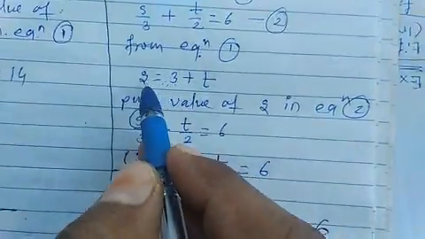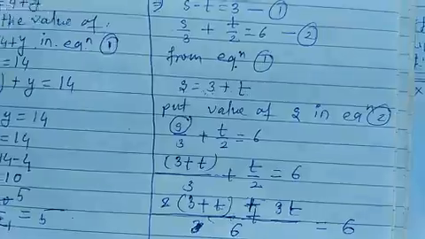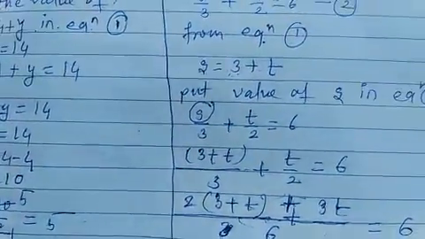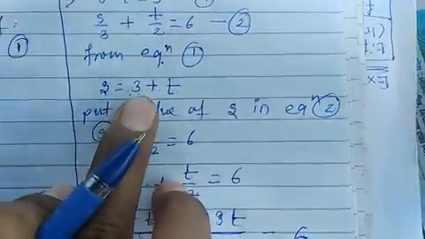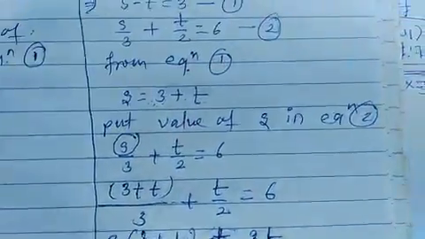To find the value of S, we have S equal to 3 plus T. So for finding the value of S, I will now put T equal to 5 in S. So what is S? Value of S is 3 plus T.